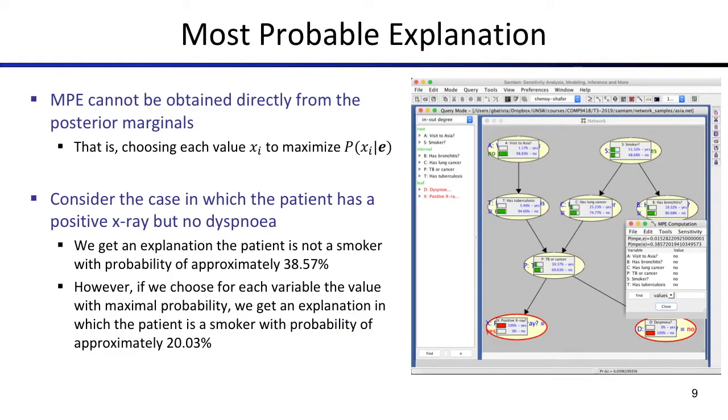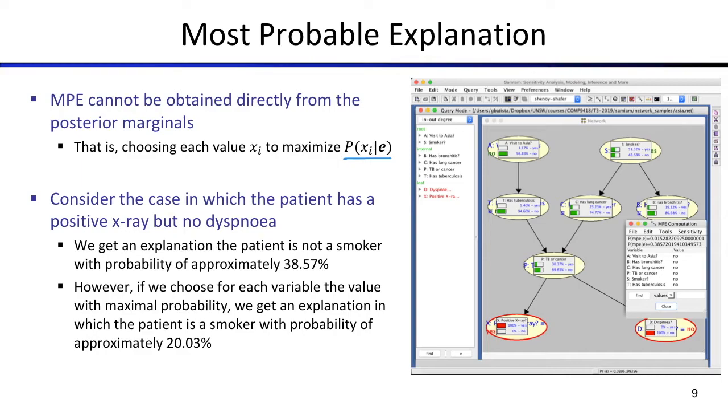It's interesting to note that the MPE cannot be obtained directly from the posterior marginals. So if we take each variable individually and compute the probability of the value given the evidence that we are interested in, and we take this individually for each variable and put that together, it will not result in the MPE. So we have an example here.